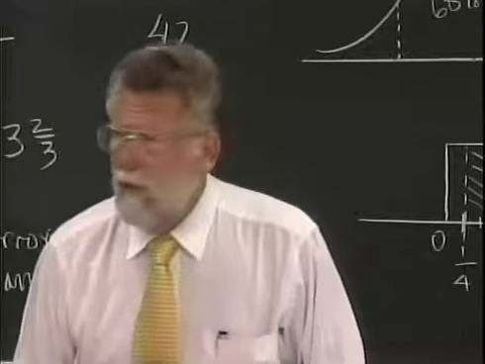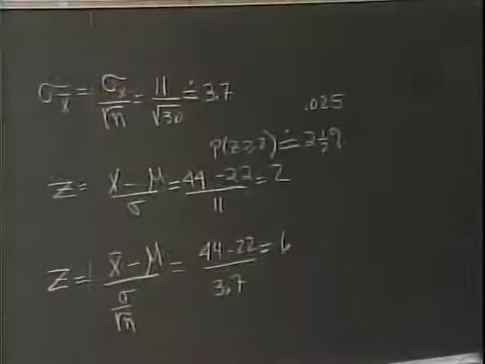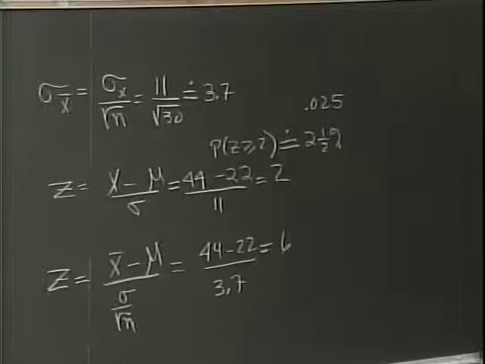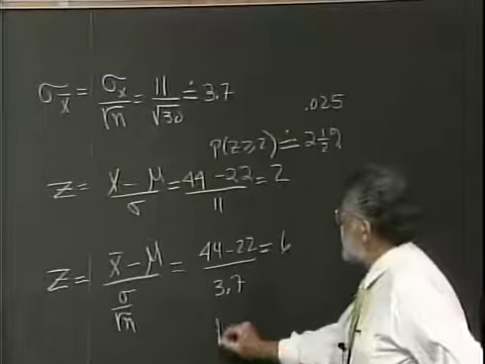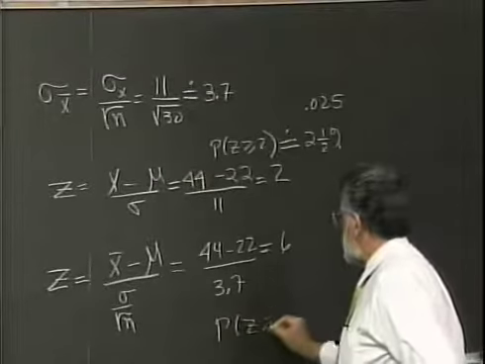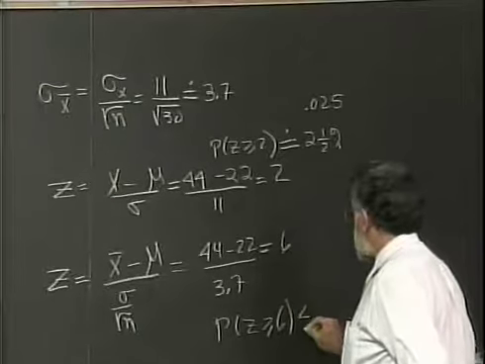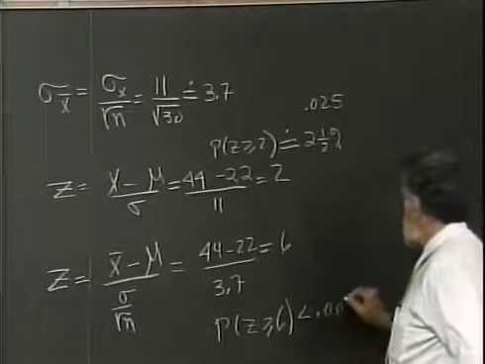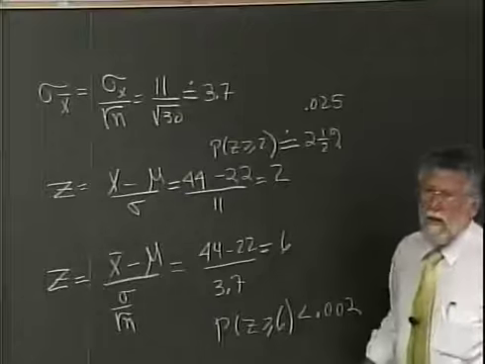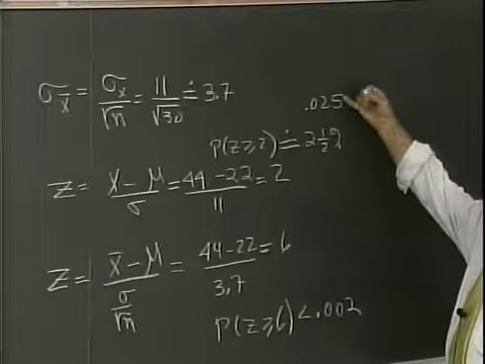Compare that, going back to the sideboard, of 2.5%. So what's changed in this problem? Otherwise, this comes out for the area to the right of a 6 is less than 0.0002. That much I know. This was at 0.025.